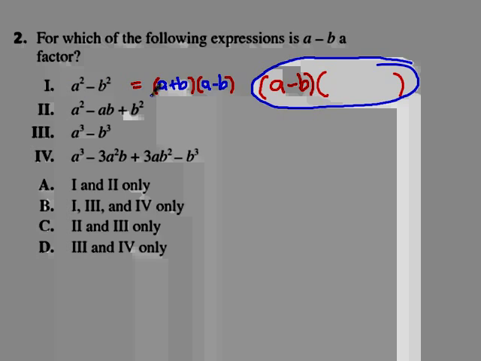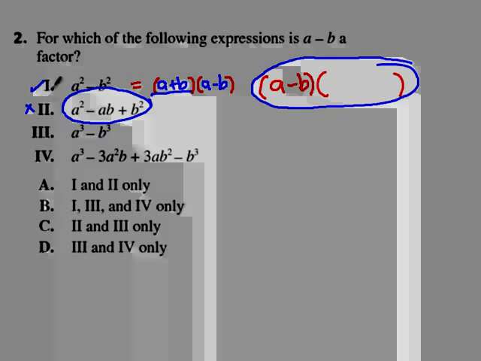So clearly, A minus B is one of the factors here. So 1 is correct. Second option, A squared minus AB plus B squared. Notice that this cannot be factored anymore, so we know 2 is not the answer. When you are taking your test, once you already know that 1 is correct and option 2 is wrong, you can look at the combinations. Those with 1 could be our potential answer.